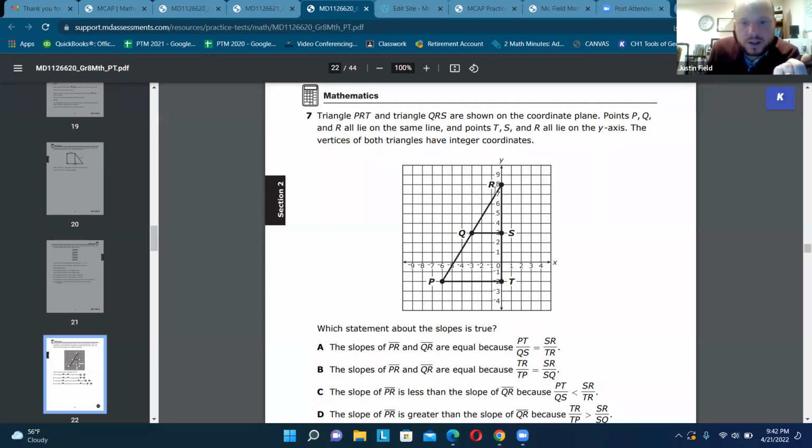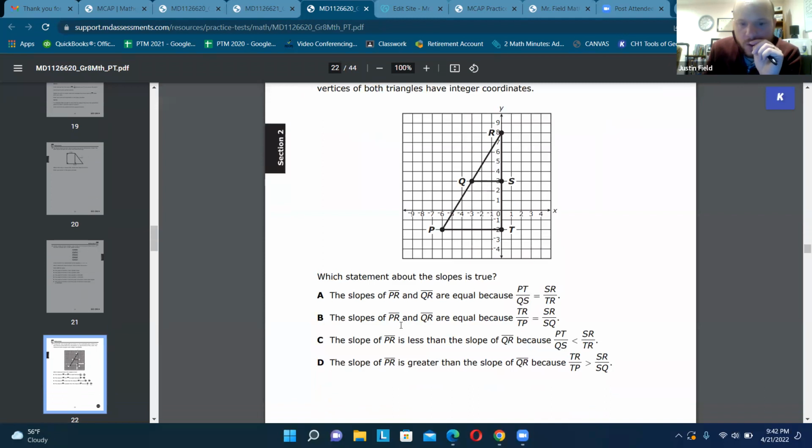Oh, PR and QR are equal because the slope of PR is less than QR. No, they're the same. Okay, so we know the slopes are equal because they're on a straight line together, you know? So we already know that C and D are not right.